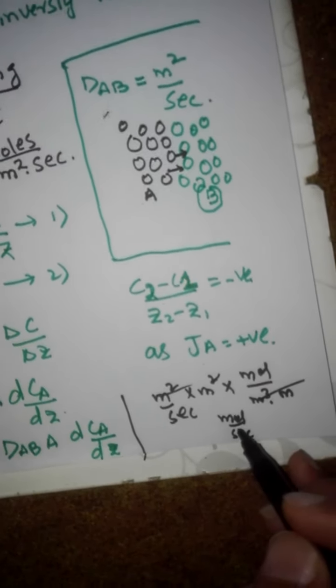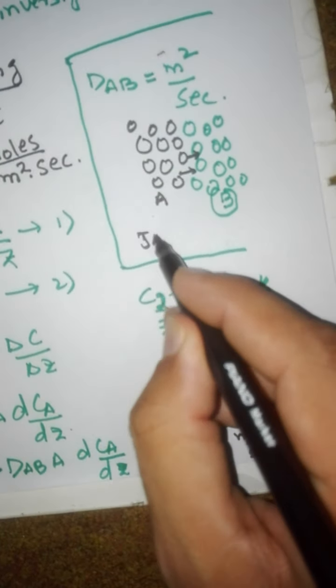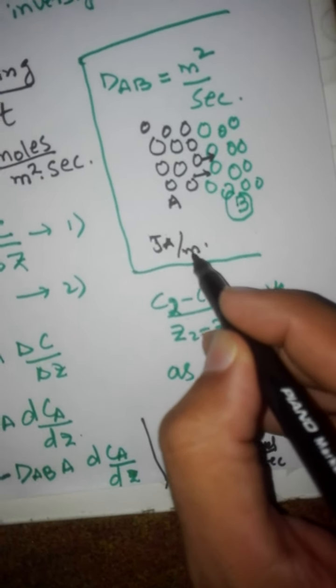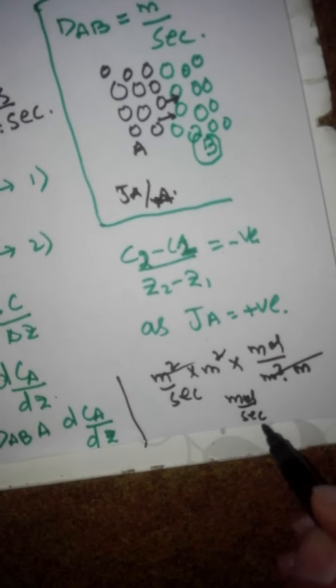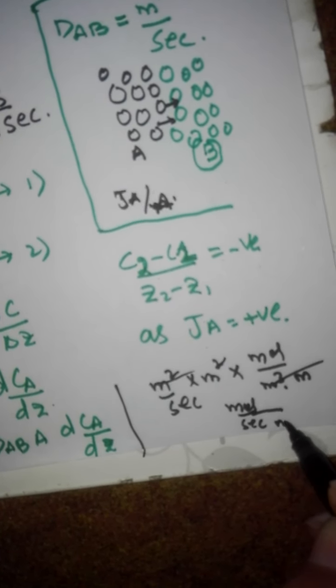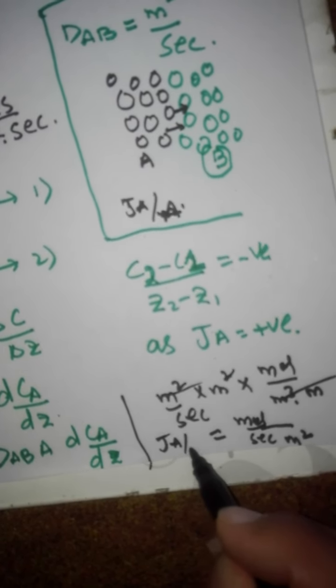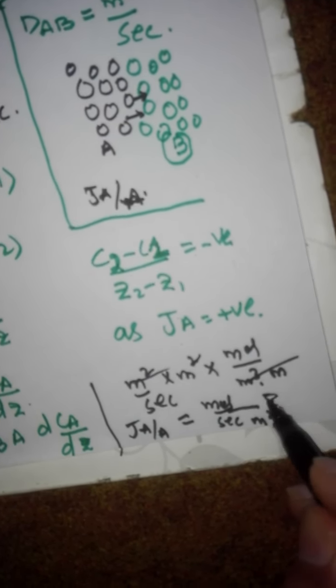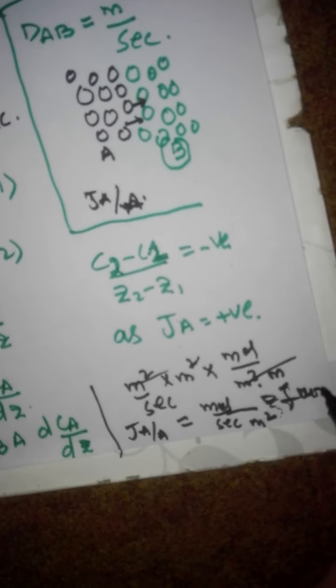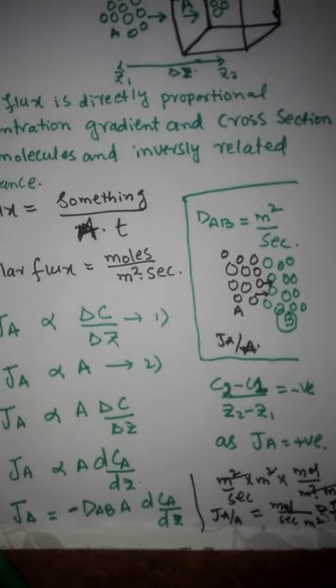Now if JA is divided by area, we get flux, which is the molar flux. So thanks.